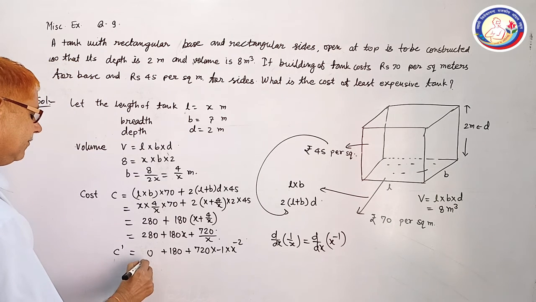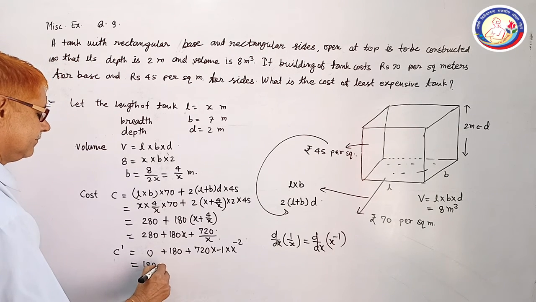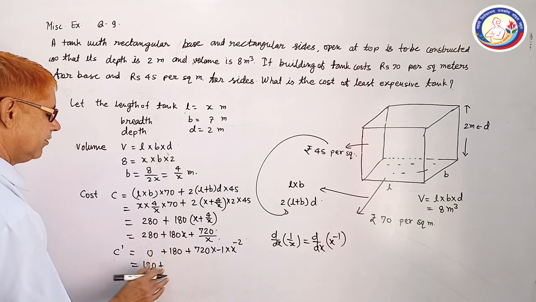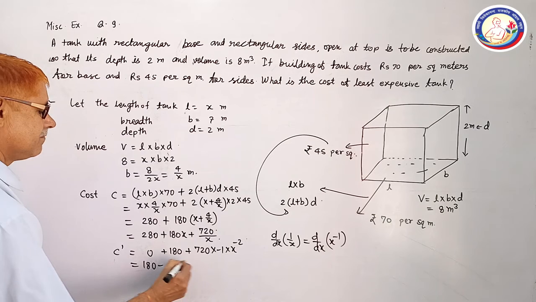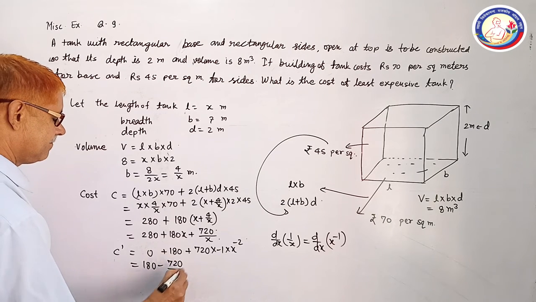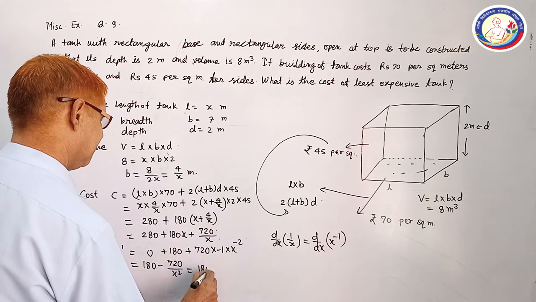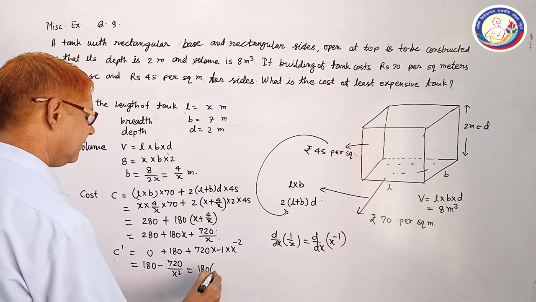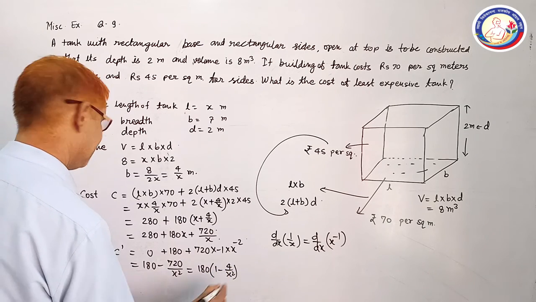And this will be 180 minus 720 by x square, or taking 180 common, 1 minus 4 by x square.